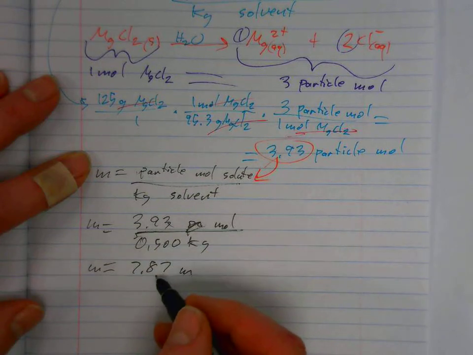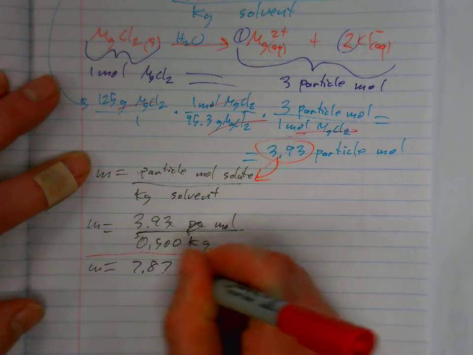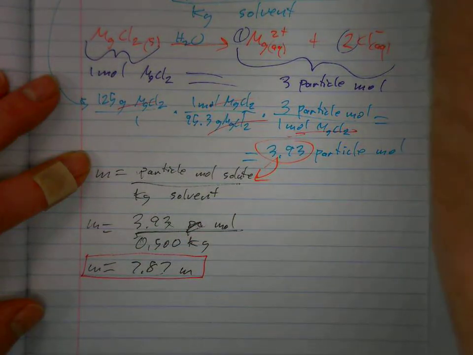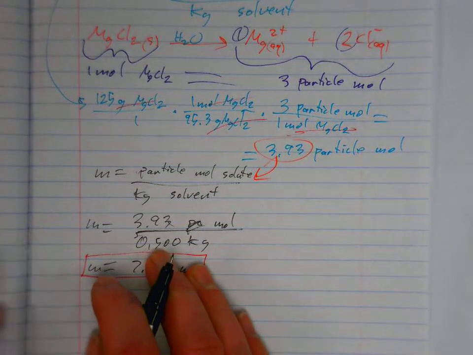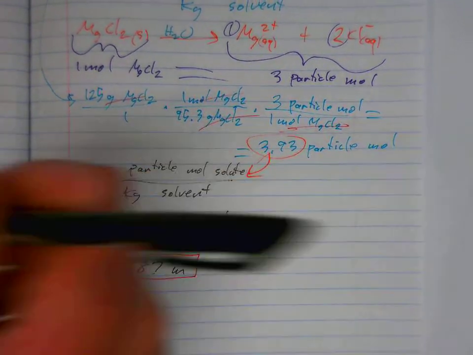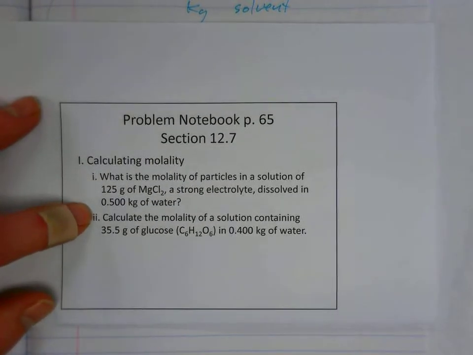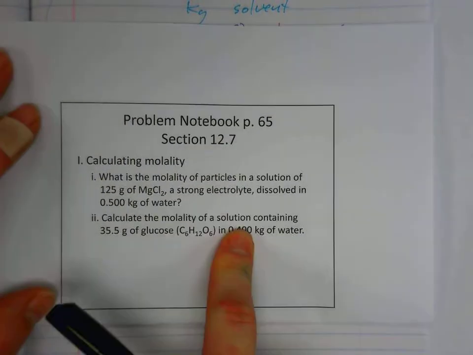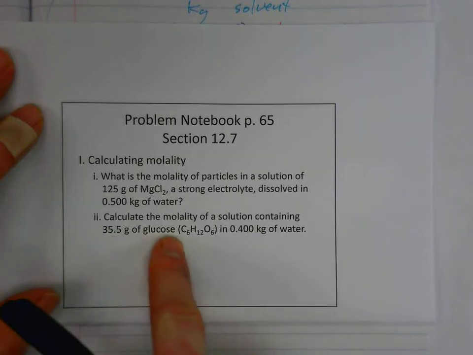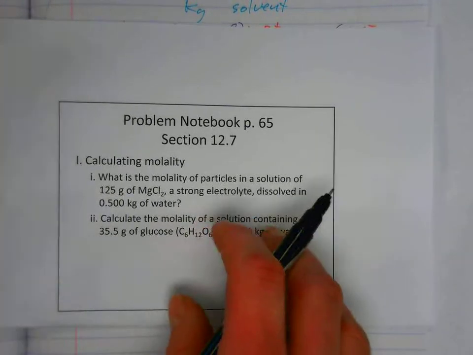All right, so let's do another example. Calculate the molality of a solution containing 35.5 grams of glucose in 0.4 kilograms of water. So in this case, just use some scratch paper here.